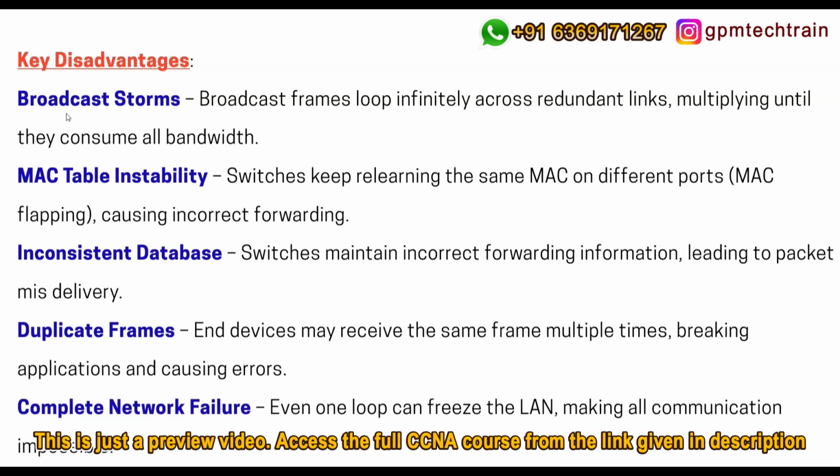First of all, the broadcast storm: frames loop infinitely across the redundant links, multiplying until they consume all the bandwidth. Due to that, the MAC table which is maintained in all the switches is not stable. It keeps on flapping, and since the switches are interconnected, the database is inconsistent and the MAC information keeps on changing.